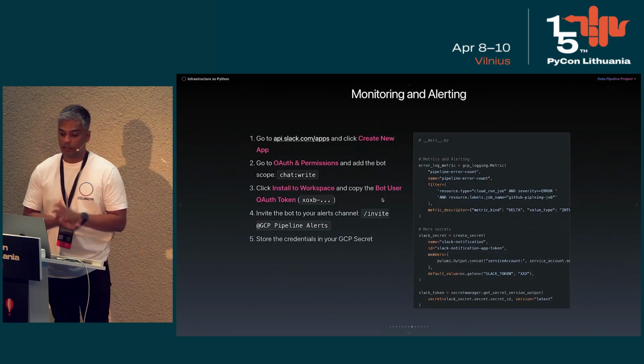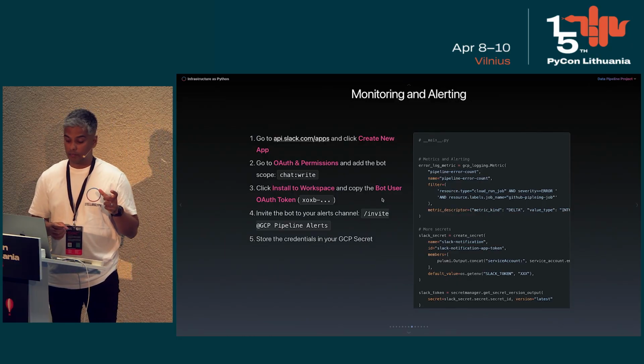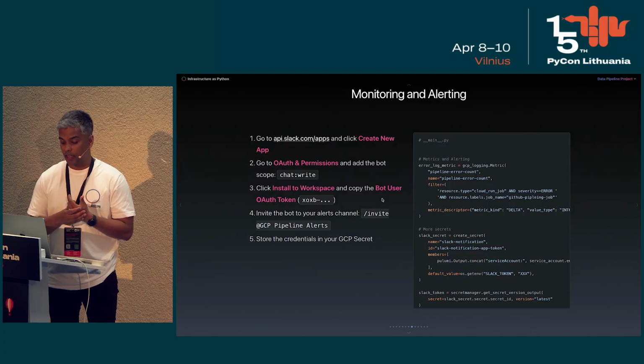Monitoring and alerting, on the other hand, is a little bit simpler. Part of the setup you need to do in Slack is to create a bot that can write into a notification channel and then pass the bot's OAuth token into GCP. That way GCP can authenticate and send messages directly to your Slack channel.